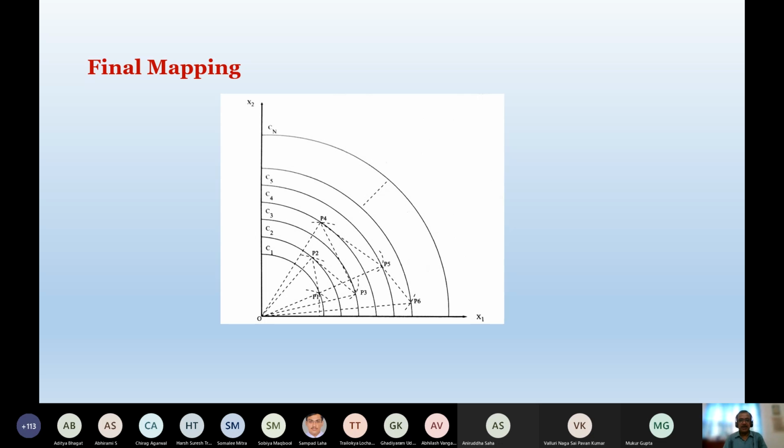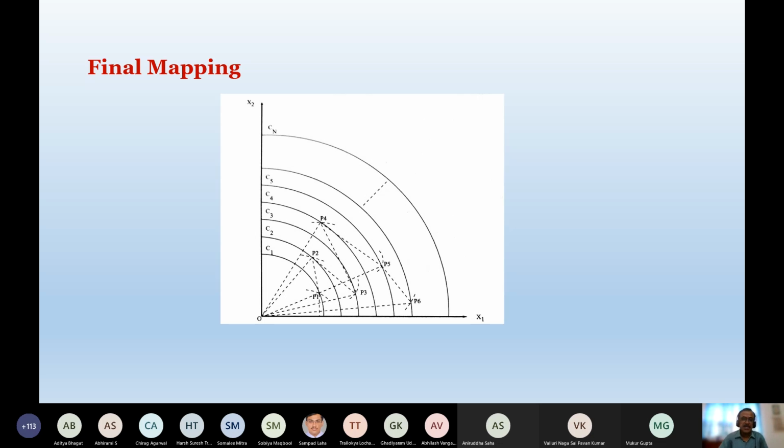This represents the Euclidean distance from the origin to the closest connecting weight. So I'm getting C1, C2 up to Cn, all such circular arcs.